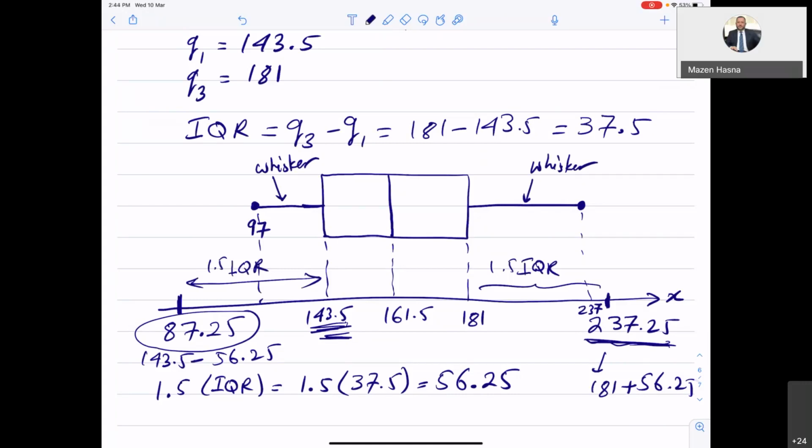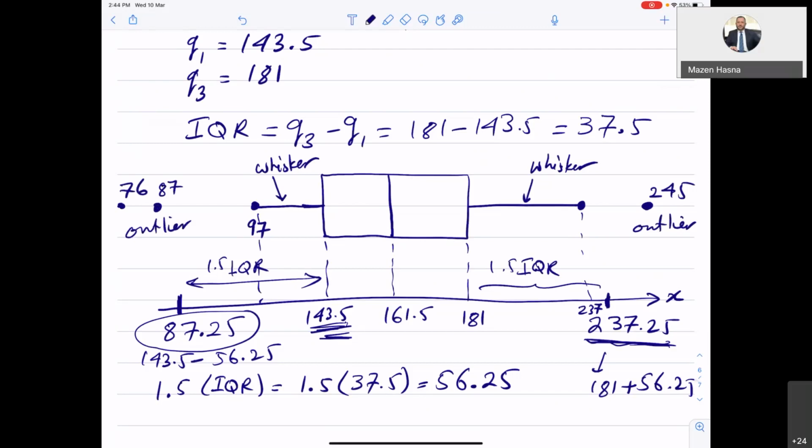Any point outside those ranges, we consider outliers. So here we have one point, which we plot as just a point, and two outliers on the other side, one very close to the range, which is 87, just 0.25 below, and then the 76 point. We call these outliers.